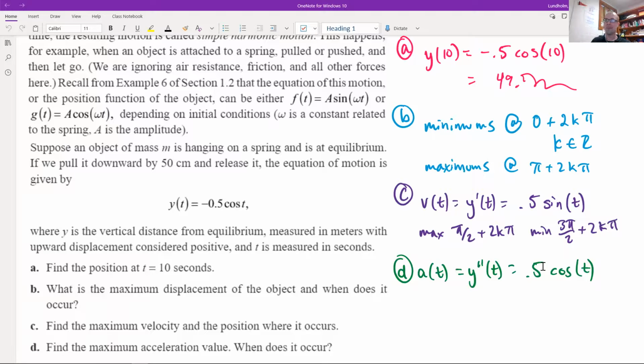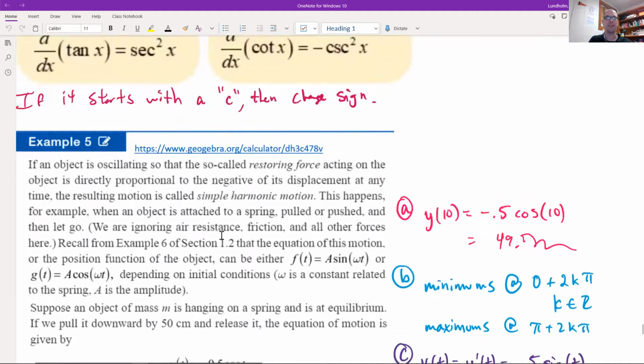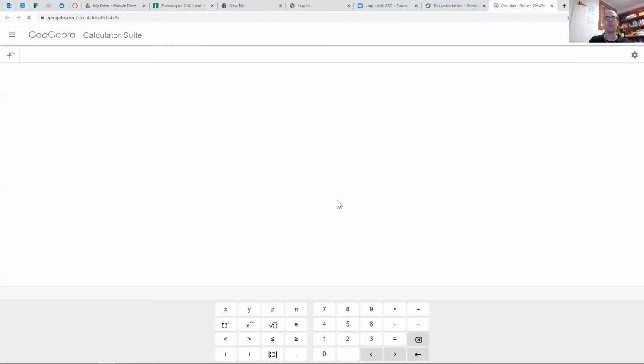And the maximums here will be at 0 plus 2k pi and minimums at pi plus 2k pi. Cool. Let's go ahead and take a look at the graph and see how this all goes, because I think it's pretty cool.